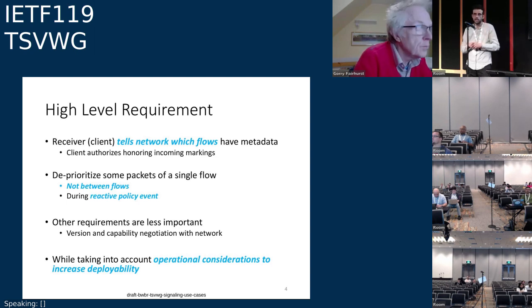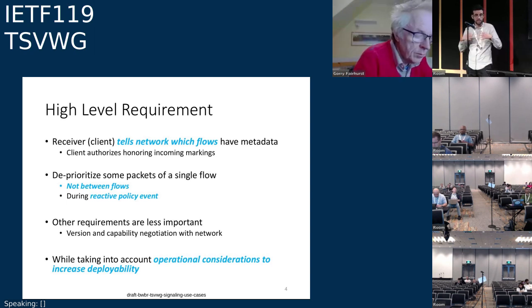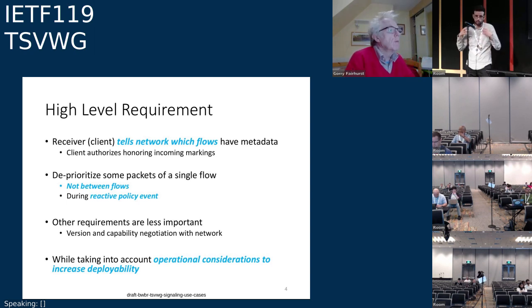Then at the network side, when there are conditions, for example when I'm overloaded or under pressure, the network can deprioritize some of the flows based on the metadata provided by the host itself. This is done only when there is a reactive policy event, that means when I am under pressure and don't have sufficient resources to handle all the flows. All of those conditions should be handled while taking into account the operational considerations of this signal. Next slide, please.